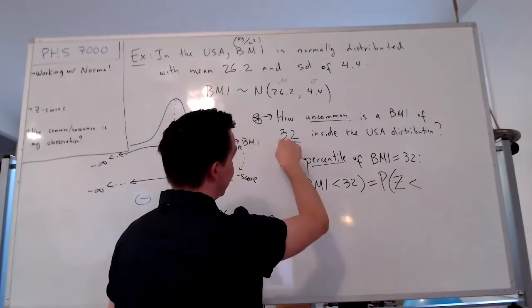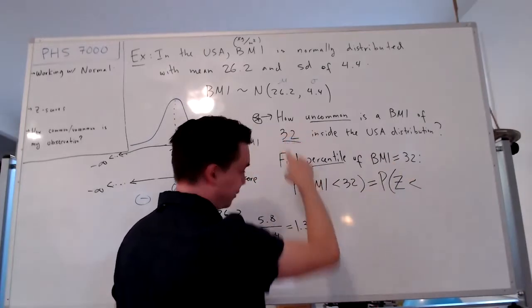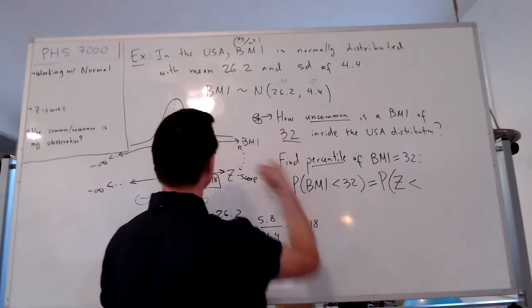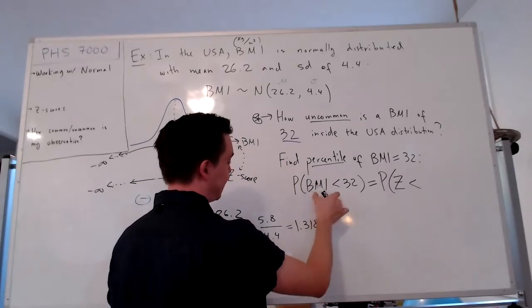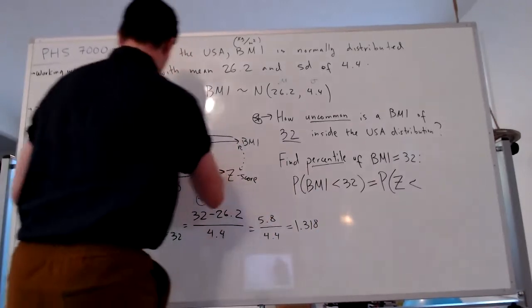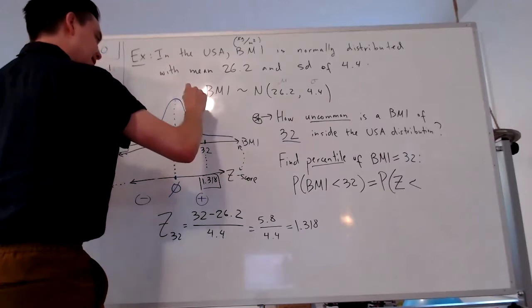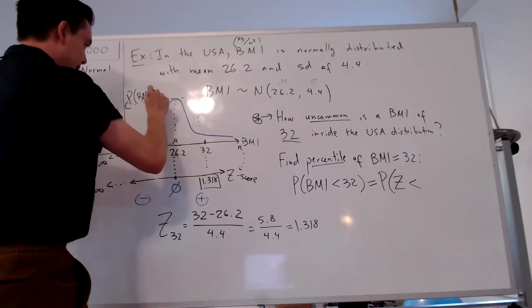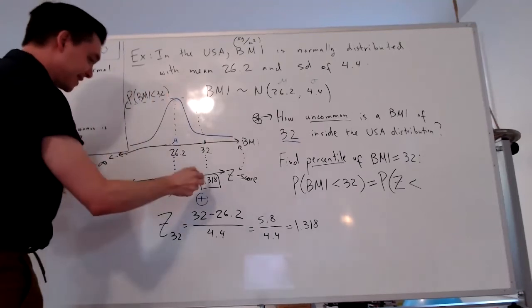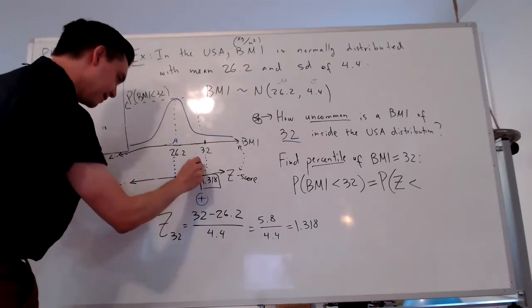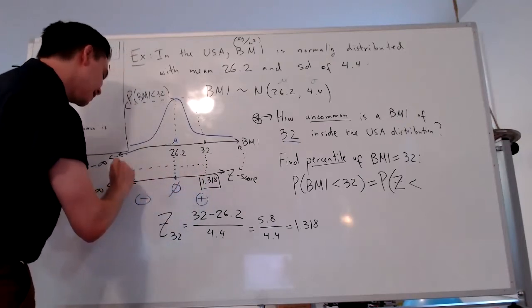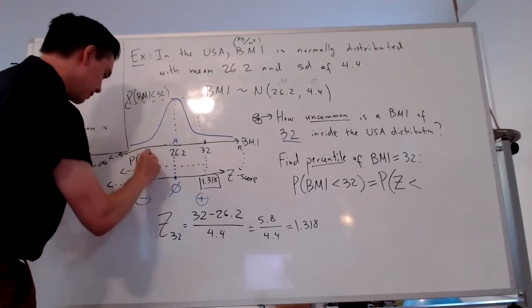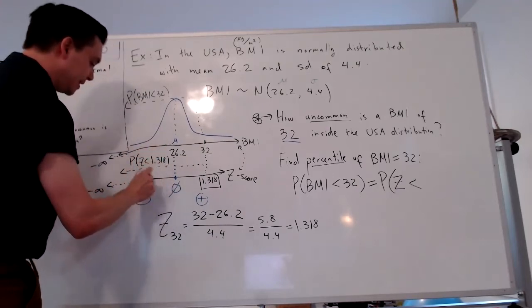I'm trying to find the percentile associated with a BMI of 32 because I'm trying to quantify how uncommon a BMI of 32 is inside of that distribution. So I can find the probability of falling below on this scale, but this is the same as working with the Z-scale.